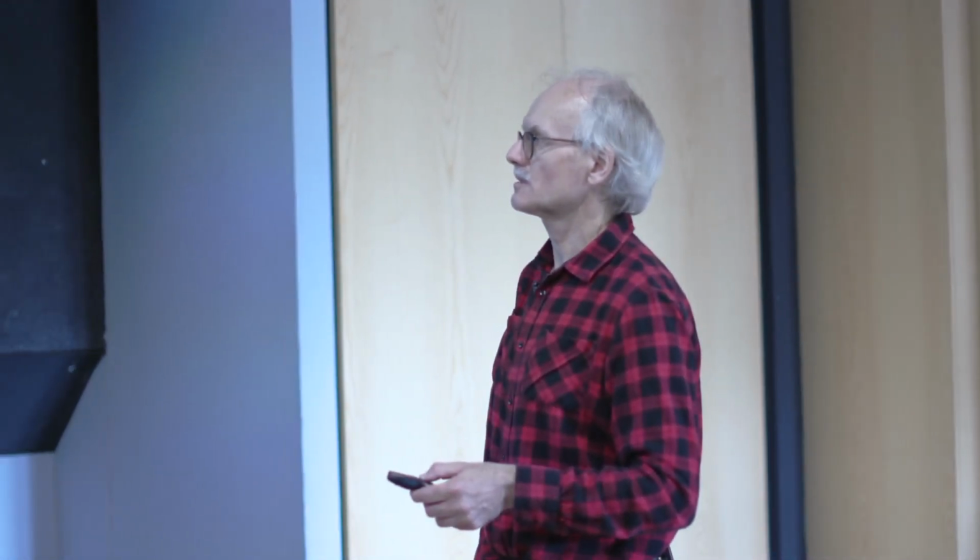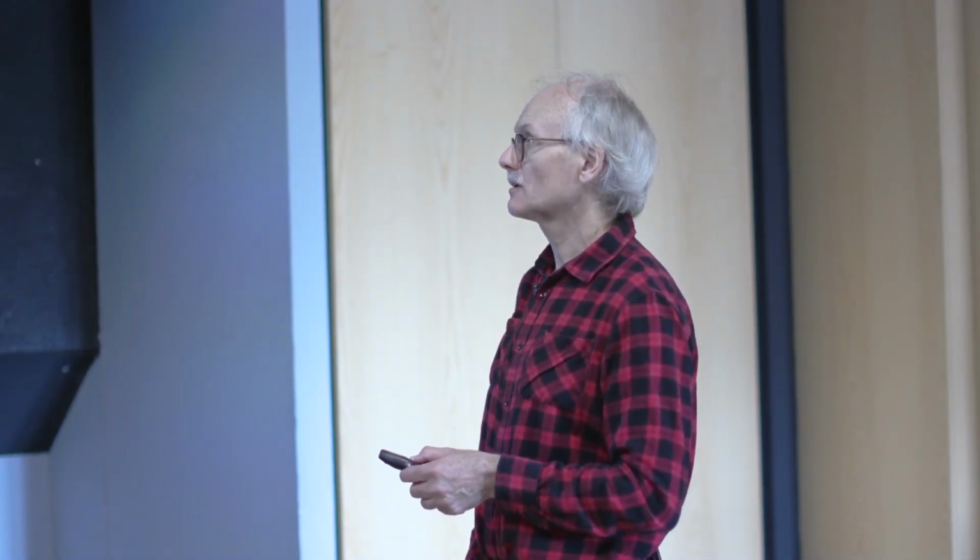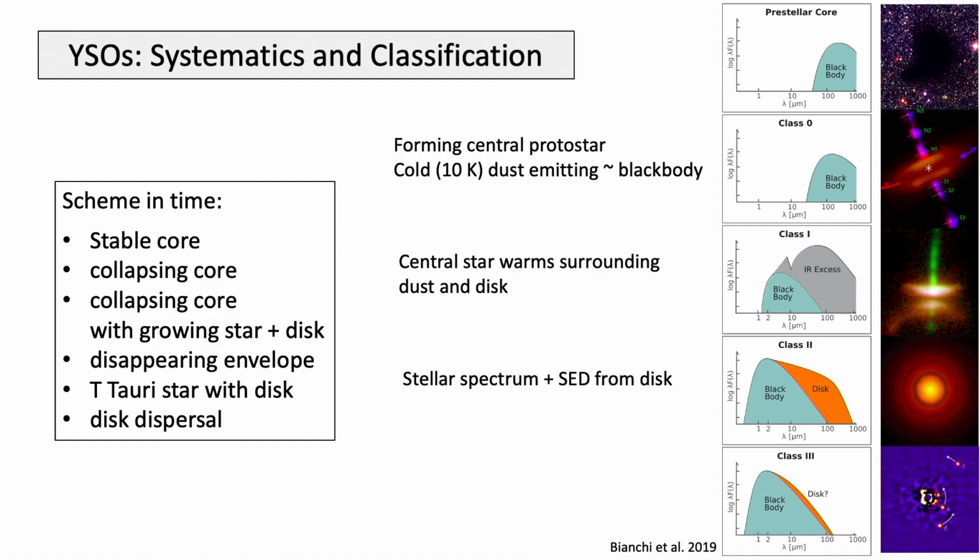And in the next stage, that was the T Tauri star, when the envelope was dispersed, we have only the star. Now we have a black body spectrum from the star, and then the SED, the disk spectrum, in addition to it in the infrared. And finally, we are left with the stellar spectrum and a little bit of disk, and that disk part goes away as well.